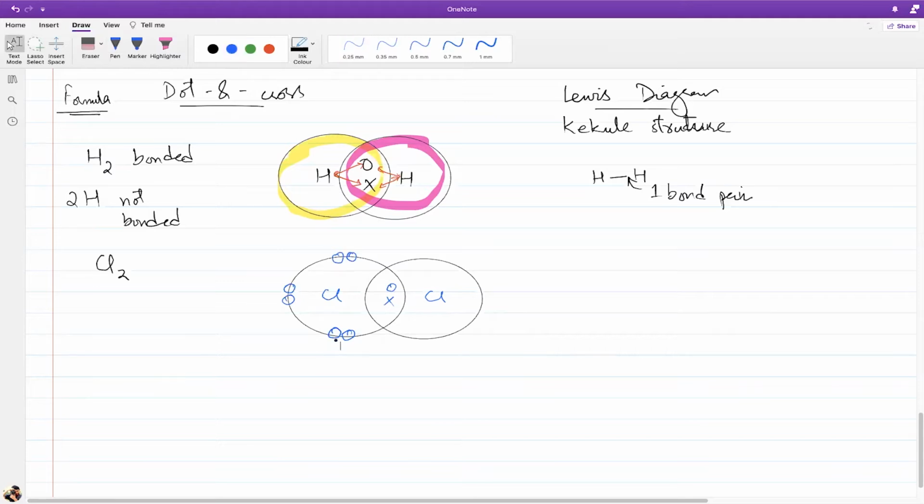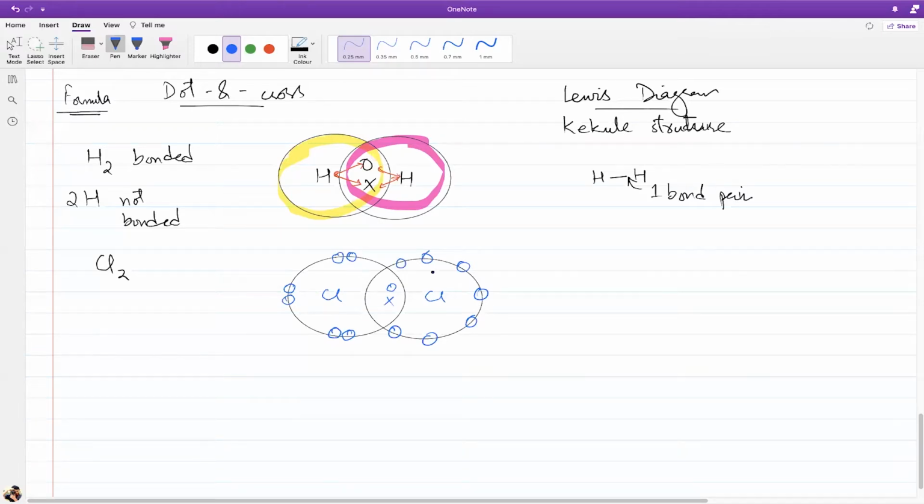One more thing, whenever you draw these structures, again, you will not lose marks for this, but don't put them independently. Always write the electrons in the form of pairs. Put 2 electrons together if you can. Don't put them one at a time. So avoid writing it like this. Put them the way they are done on the left side.